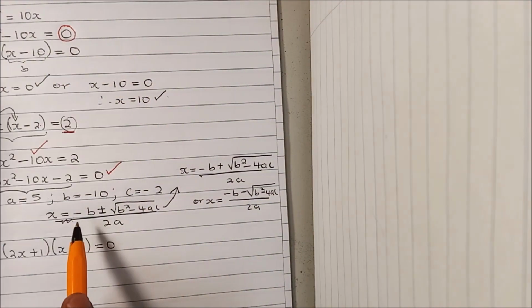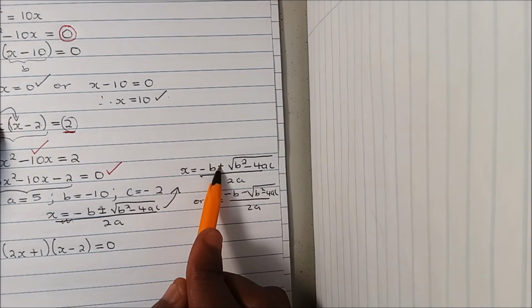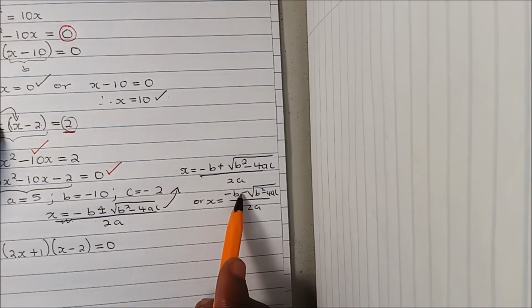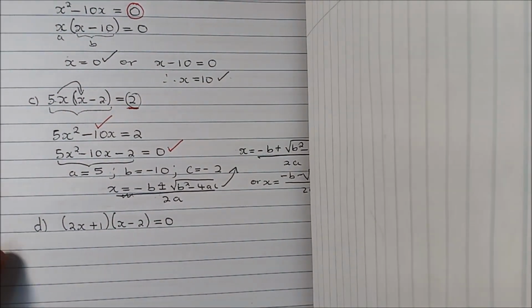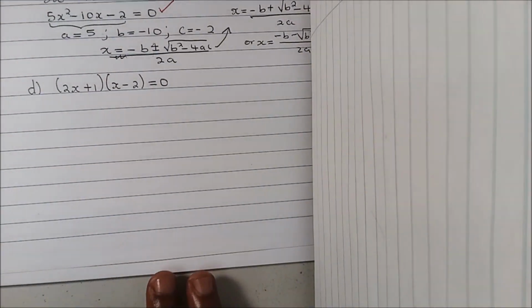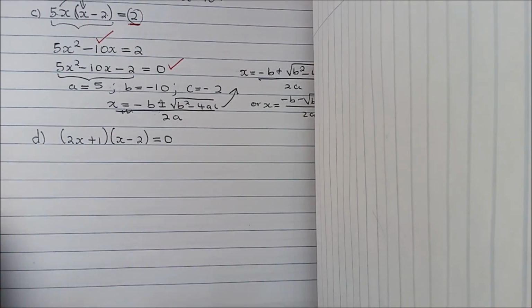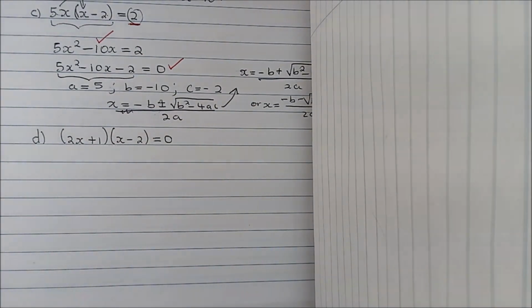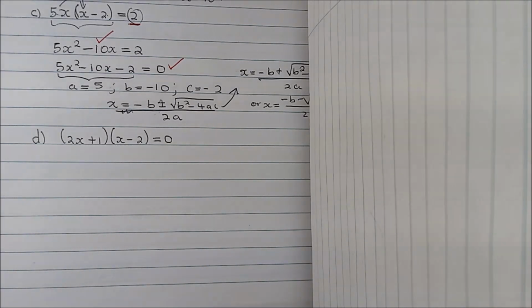Remember that plus or minus, you can separate it by using the plus first and then using the minus, and then you will get the values of x. So now in the comment section, you can put those values of x. I will just go through them and check if they are correct or not. So that's your task. You'll put them in the comment section.